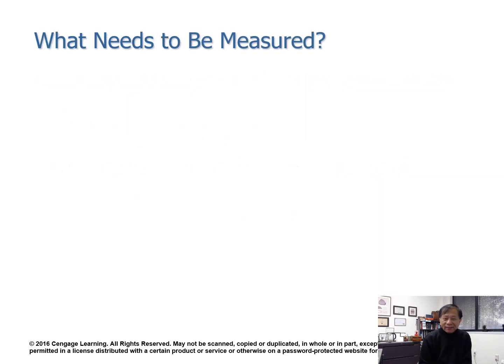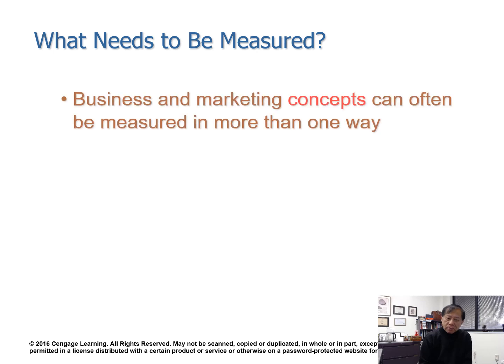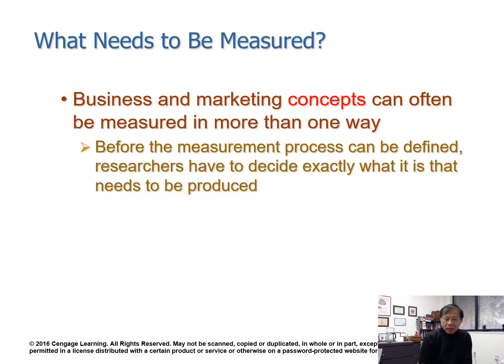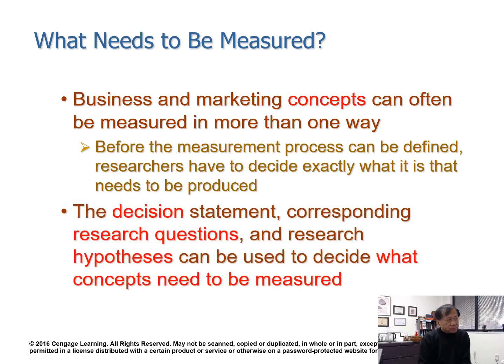Okay. So, what needs to be measured? Business and marketing concepts can often be measured in more than one way. Before the measurement process can be defined, the researchers have to decide exactly what it is that needs to be measured. The decision statement, corresponding research question, and the research hypothesis can be used to decide what concepts need to be measured.